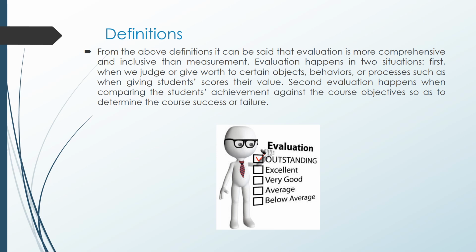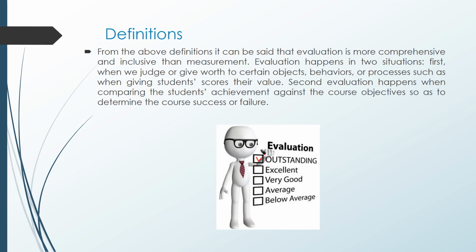So what does it mean to give value to scores? It means evaluation. So we understand that evaluation happens in this situation, when you give the performance of your students a certain value judgment. This is one situation. The second situation in which evaluation happens, which is the more comprehensive one, is when you compare your students' achievement against the course objectives.